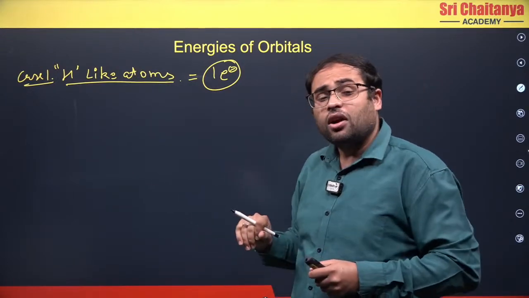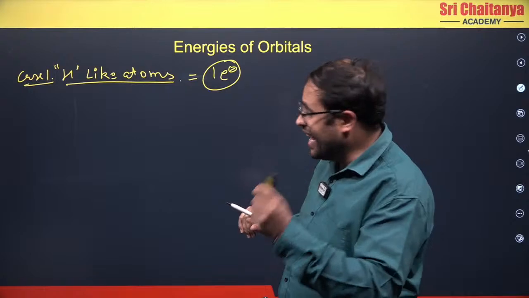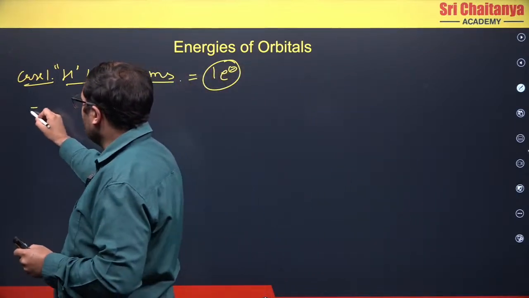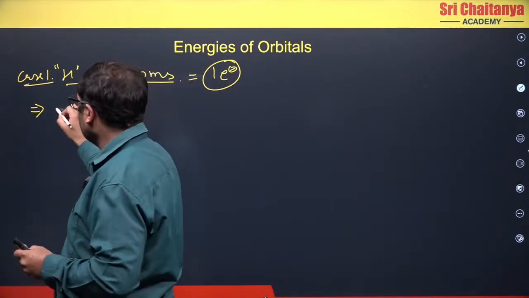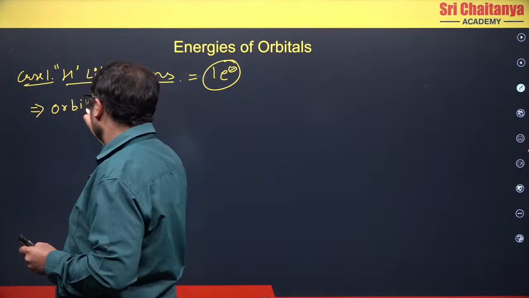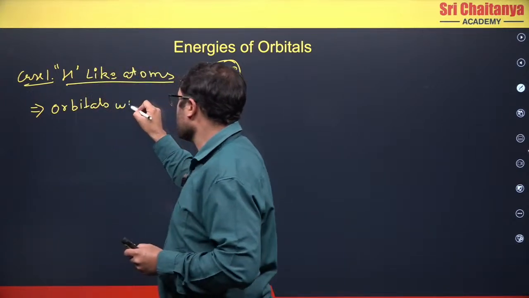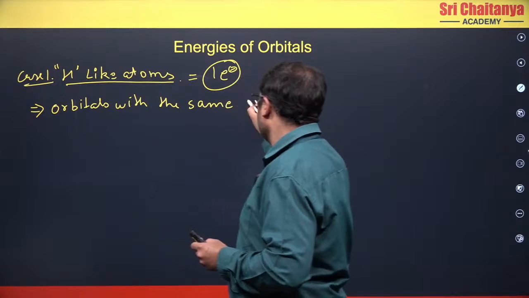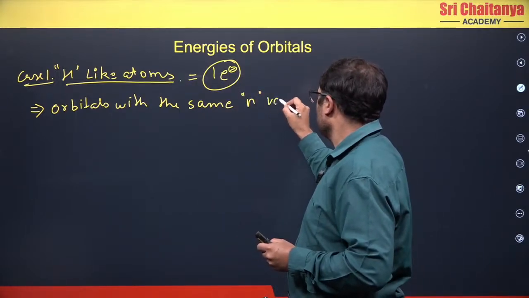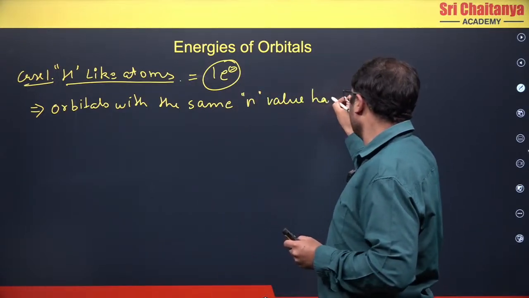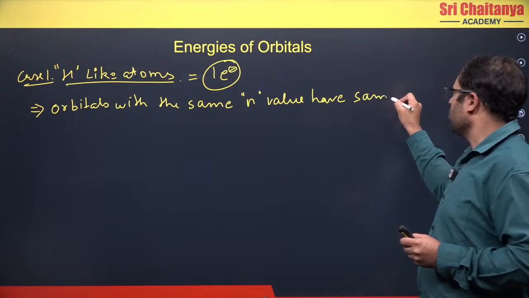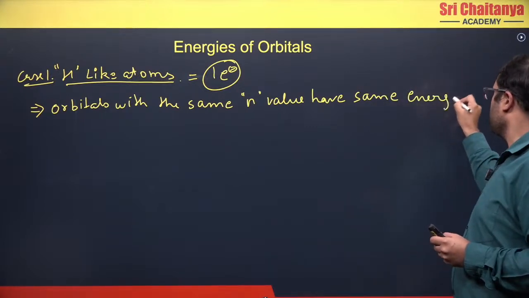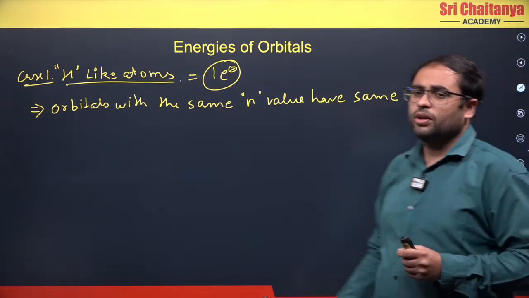So if they have one electron, then the rule of thumb is orbitals with the same n value have the same energies, right?